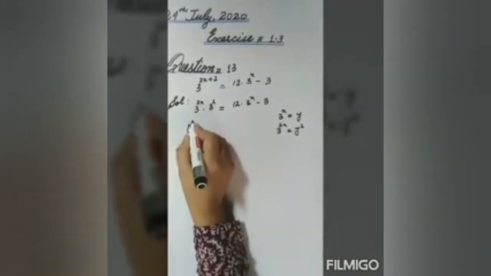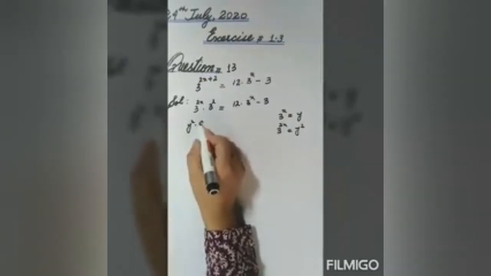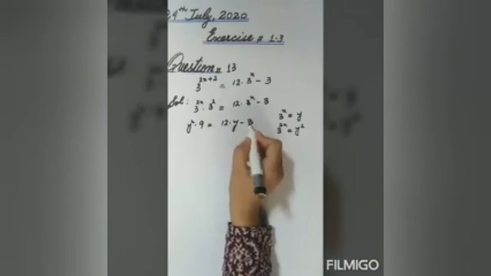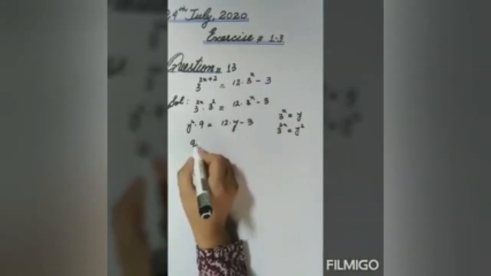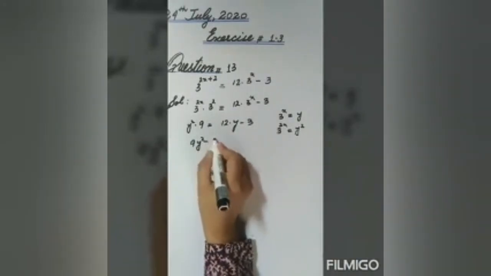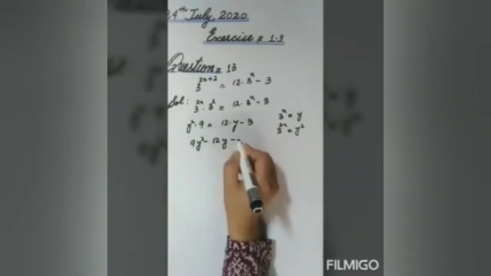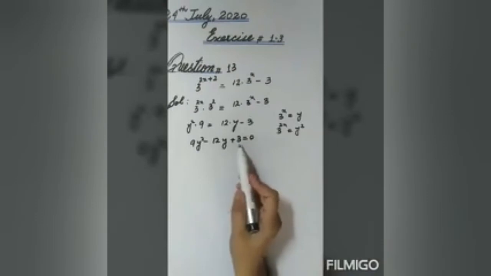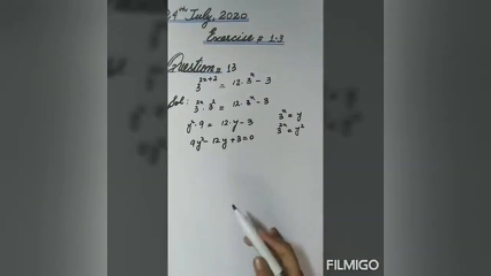Now it is y square into 9, since 3 power 2 is 9, equals 12 into y minus 3. Now arrange it. It becomes 9y square minus 12y plus 3 equals 0. Now you can solve the rest of the question. It will be like question number 12.